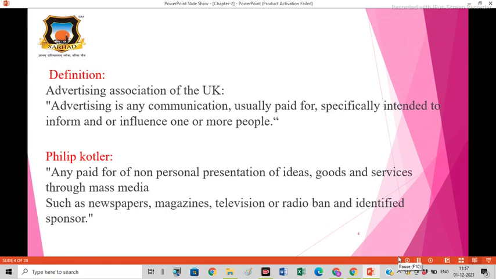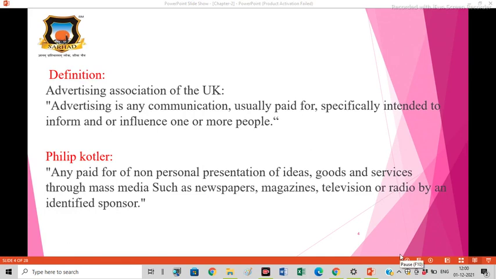As per Philip Kotler, it is any paid-for non-personal presentation of ideas, goods and services through mass media such as newspapers, magazines, television or radio by an identified sponsor.